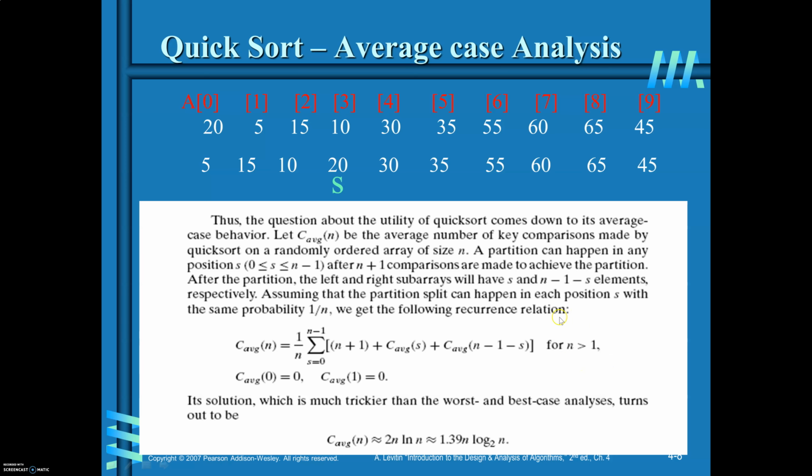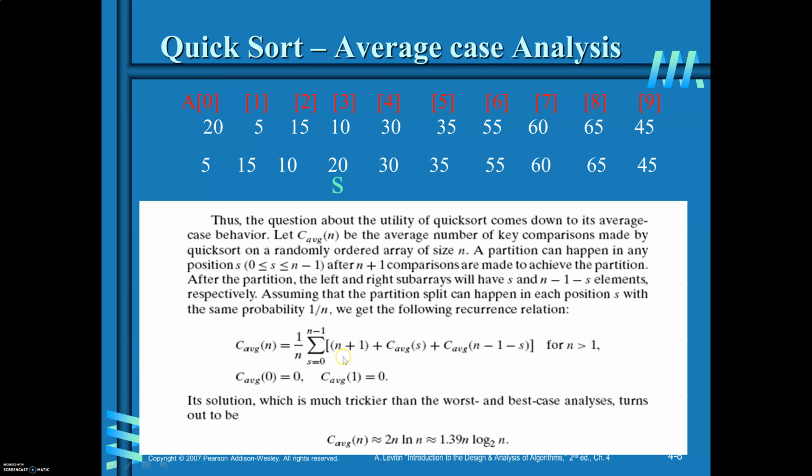This is when n is greater than 1, and when n equals 0, no comparisons, and when n equals 1, there is no requirement to do the comparison at all. When you solve this recurrence relation, the final answer you are going to get is this. Look at here. So this average case is illustrated with this example.